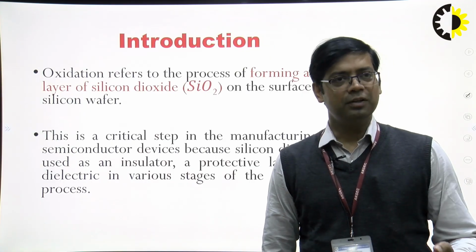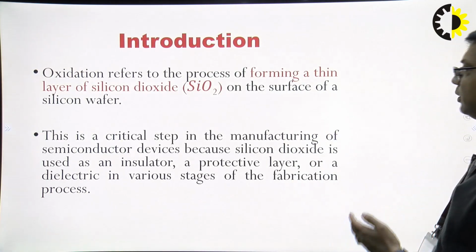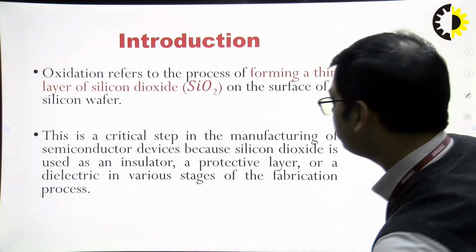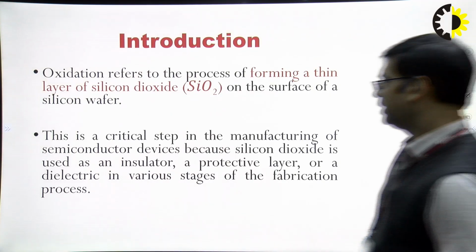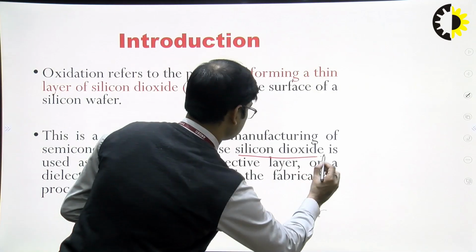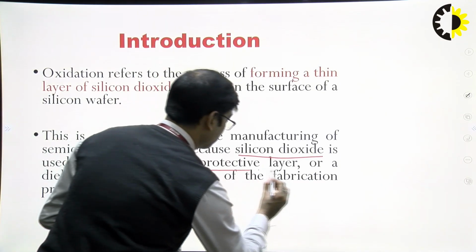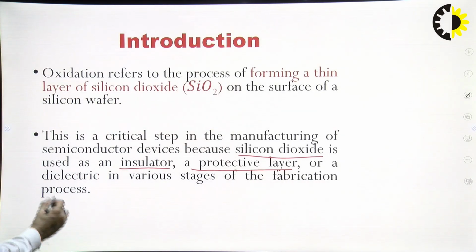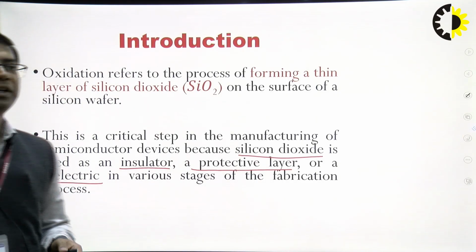Okay. First of all, what is oxidation? Oxidation is a process of forming a thin layer of silicon dioxide on the surface of a silicon wafer. This is a critical step in the manufacturing of semiconductor devices, because silicon dioxide is used as an insulator, as a protective layer, or as a dielectric in various stages of VLSI fabrication.